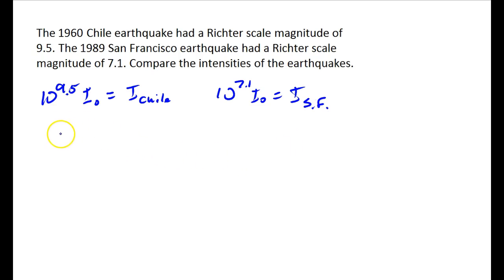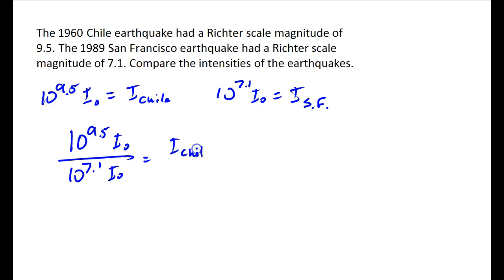So if I'm going to compare Chile to San Francisco, I'll divide them. So 10 to the 9.5 times I sub 0 divided by 10 to the 7.1 I sub 0 will equal the intensity of the Chile earthquake over the San Francisco earthquake.